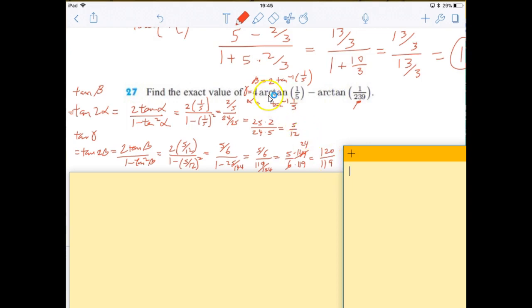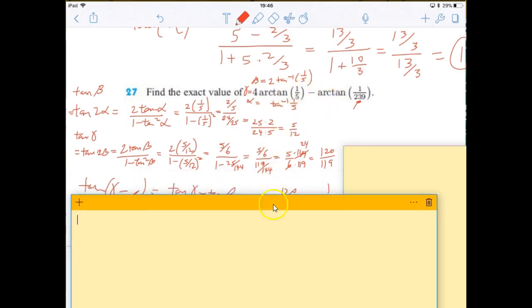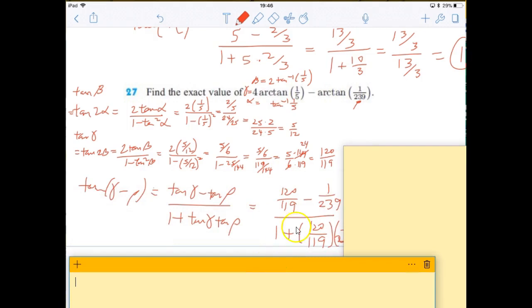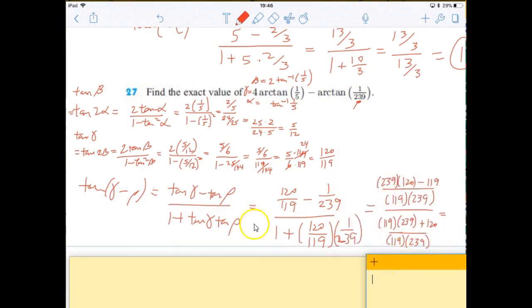Now, we have a tangent expression for 4 arctan 1/5, and we know that if we use the difference in angles formula, the tangent version, we would be able to plug that in. So let's do that. So we're going to have tangent of gamma minus rho.